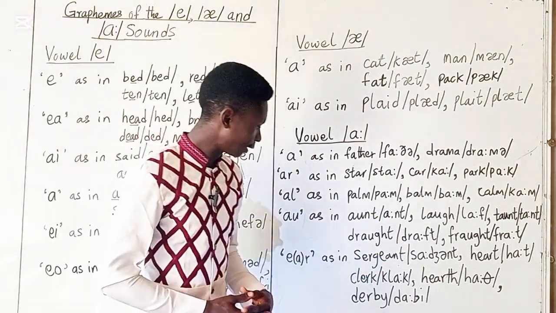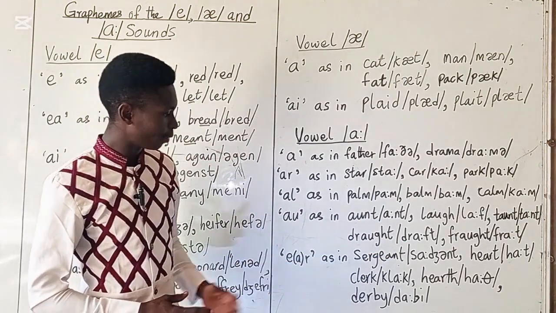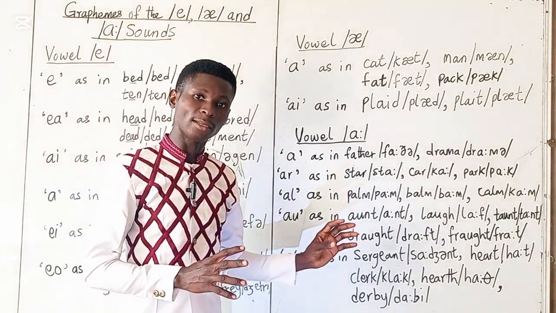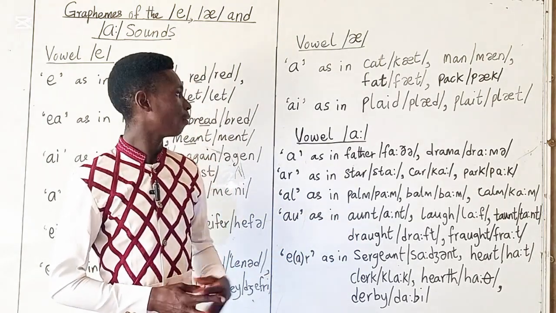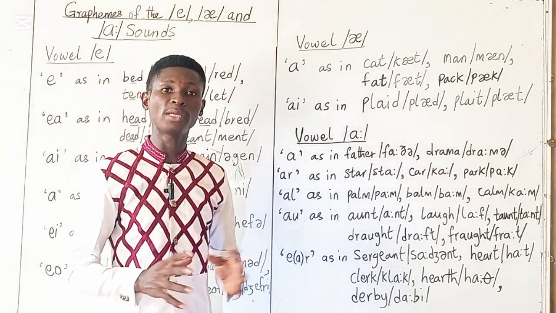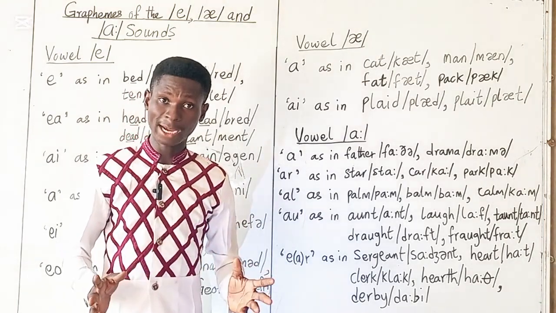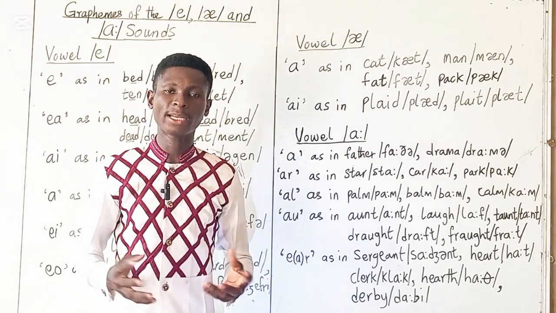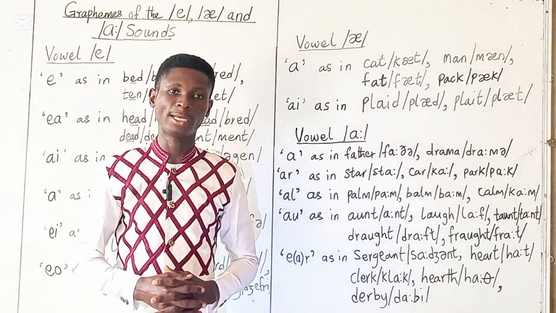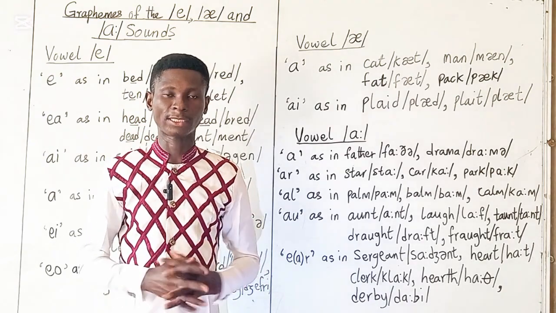So do well to study critically the structure of these words and the sounds we have underneath, because that will really help you to be able to identify, whether in an exam or when you're reading, how to read and pronounce words correctly. That's the major aim of this class.